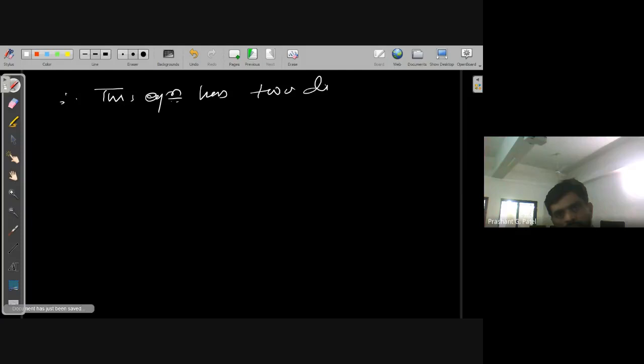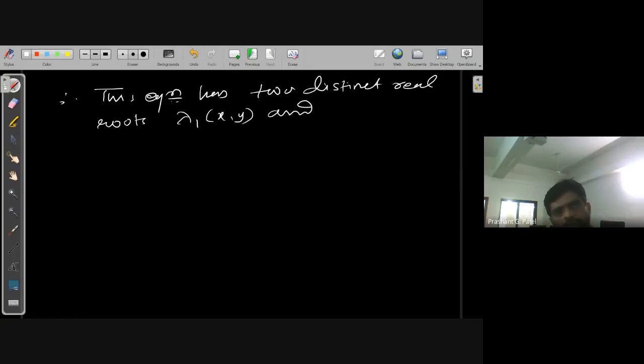So what we can say, therefore, is this equation has two distinct real roots. Let us say that the roots are lambda 1, which is a function of xy, and lambda 2, which is also a function of xy.